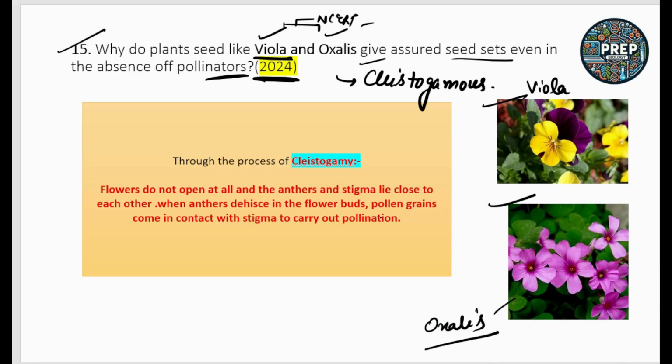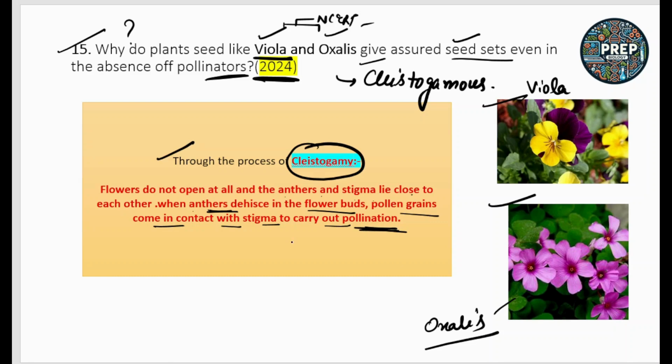They form seed sets without the presence of pollinators because Viola and Oxalis are cleistogamous flowers. Through cleistogamy, the flowers do not open at all and anthers and stigma lie close to each other. When the anther dehisces in the flower bud, pollen grains come in contact with the stigma to carry out pollination.